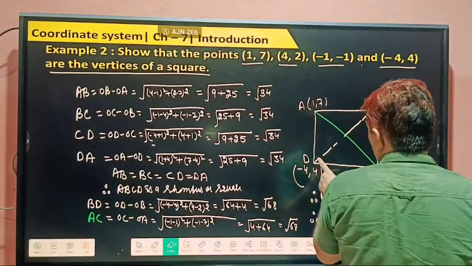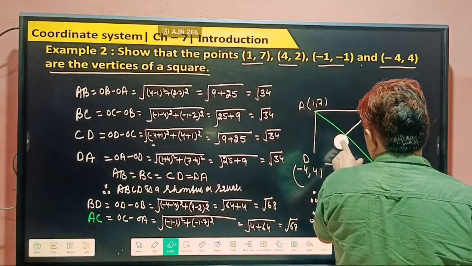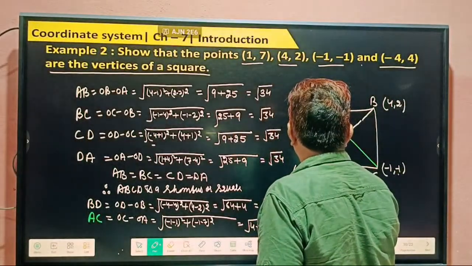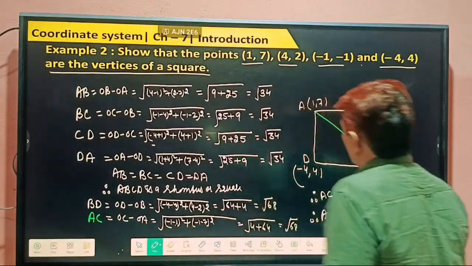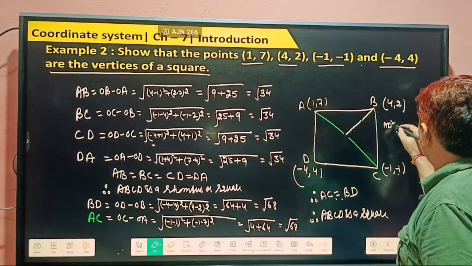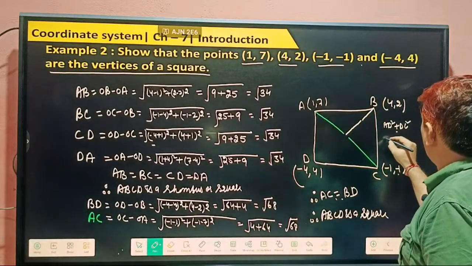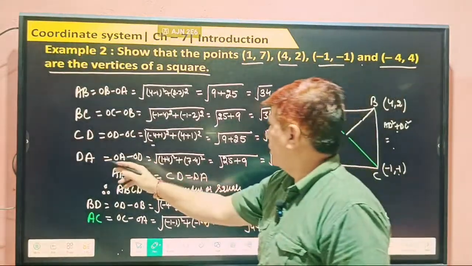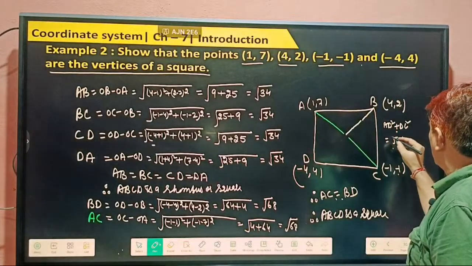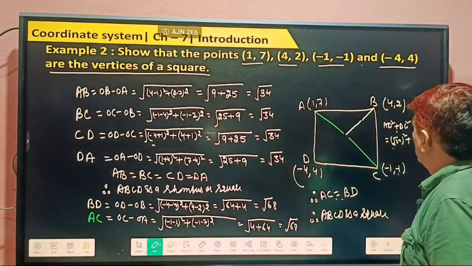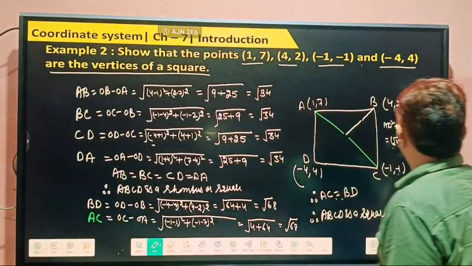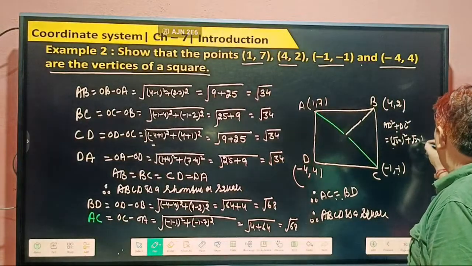So we can find out AD square plus DC square is equal to what? AD is under root 34, so under root 34 squared, plus DC, also under root 34, squared.